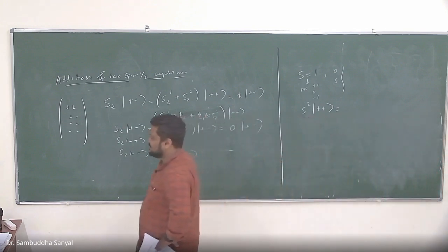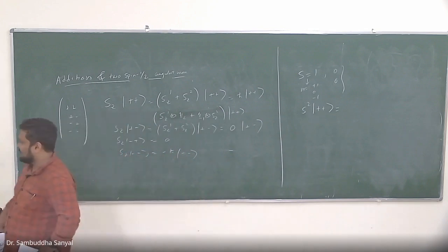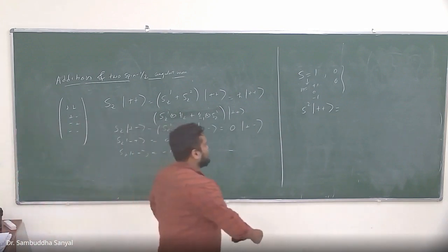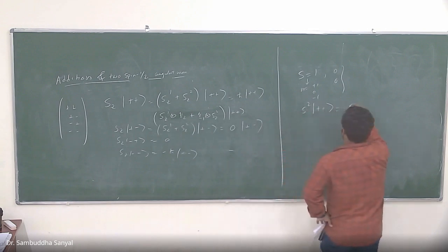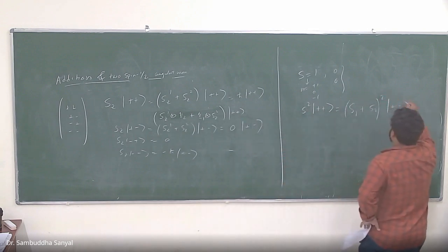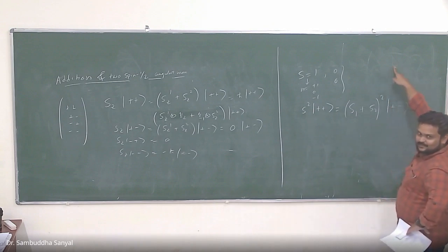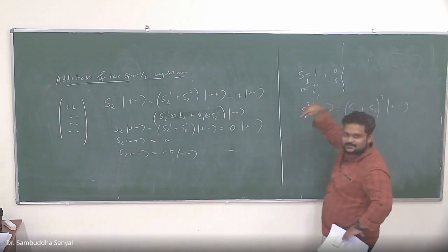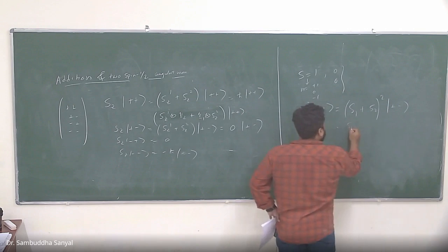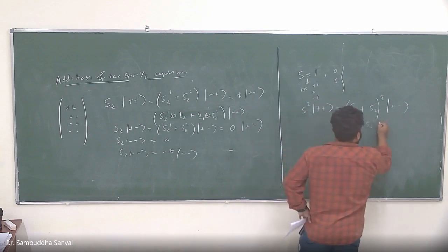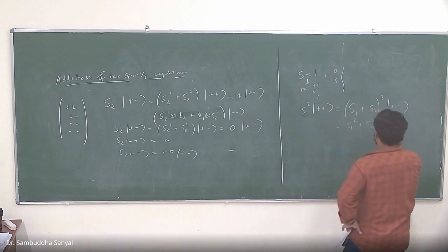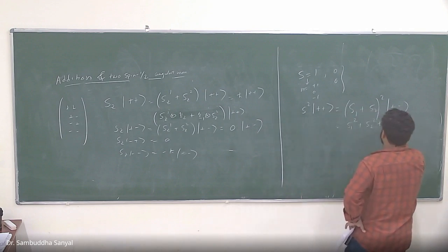Online audience, how do you do that? What is S square? It's not just S1 square and S2 square, right? That's where you get this S1 dot S2 now. We already learned how to handle S1 dot S2. So this is S1 square plus S2 square plus 2 S1 dot S2.